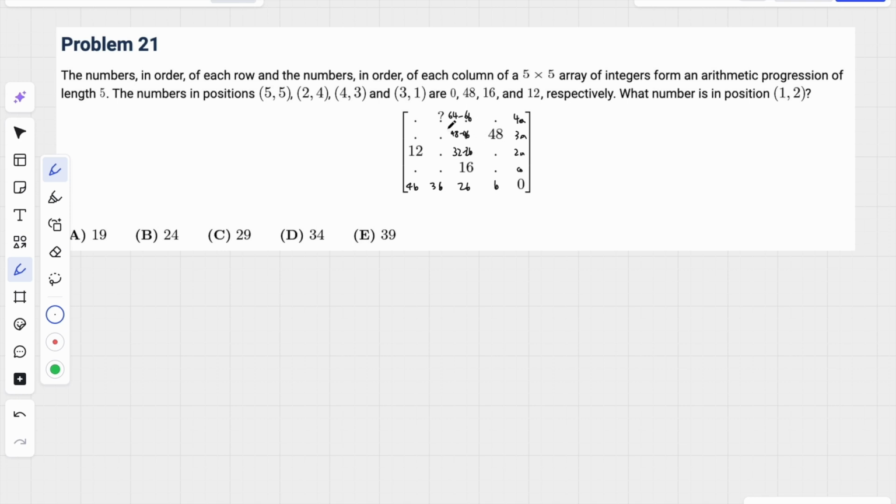Now, we can look at these three right here. Since they're in arithmetic progression, we can use the fact that this one and this one sum to make double of this. So let's write that mathematically.